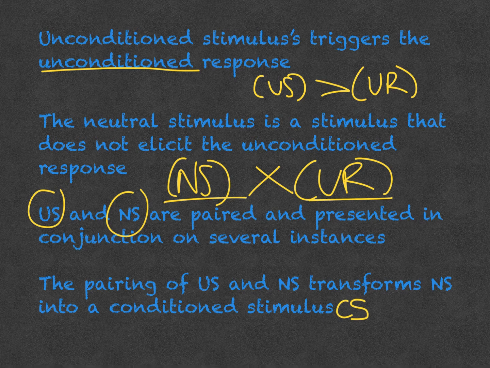So this means that whenever the previous neutral stimulus is presented alone, the organism or the person will know how to act accordingly. So this creates a conditioned response, which would be CR, because we know how to respond accordingly. So this is the process in which conditioning can happen. So we will go over this a lot more in depth in class. This is just introducing you to the notion of classical conditioning.